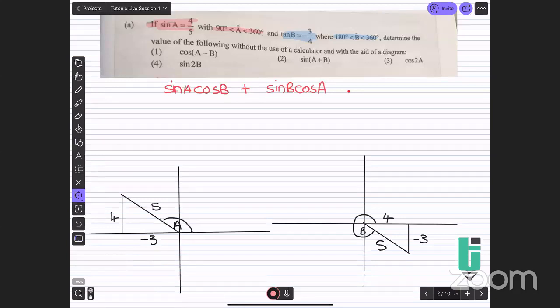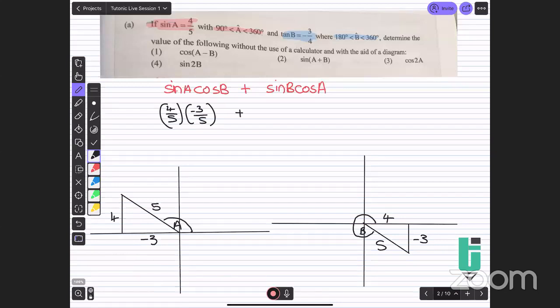Okay. So what's sine of A? And we can work sine of A out. We know how to do this. It's going to be 4/5, right? And cos B is 4/5. And just remember, you guys, if there's anything that doesn't make sense, you must just tell me.